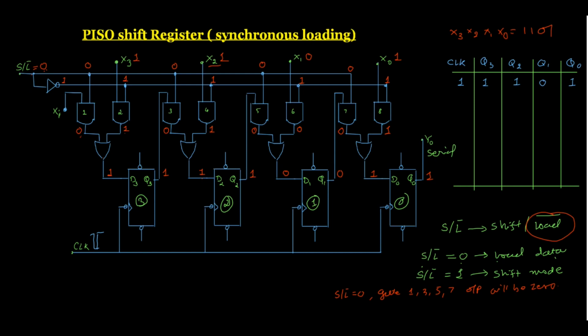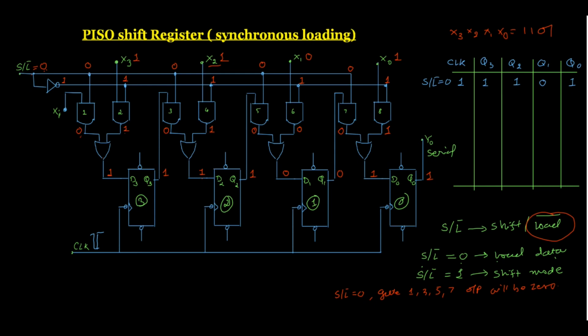Here remember that initially we have loaded the data, correct? Then we have transferred the data into the shift register. So this is possible where the SL line is 0.